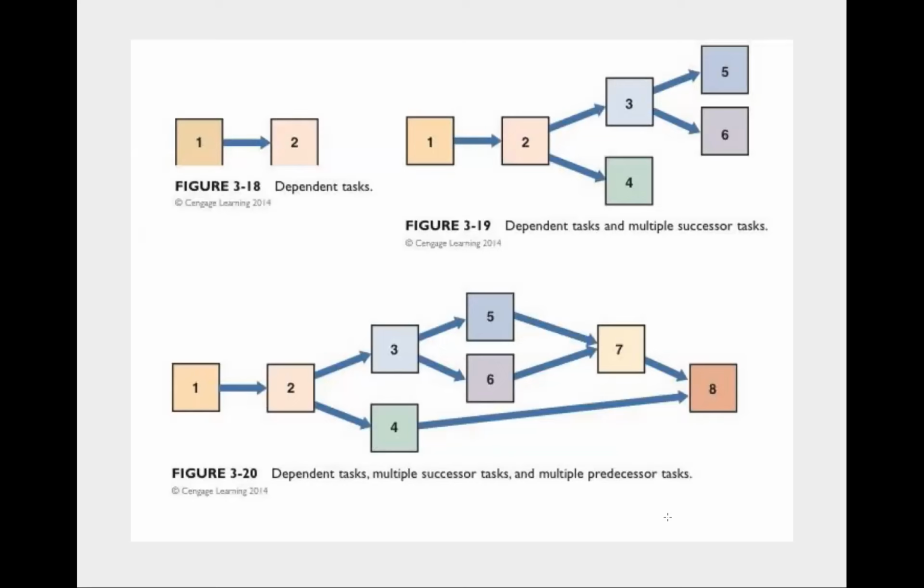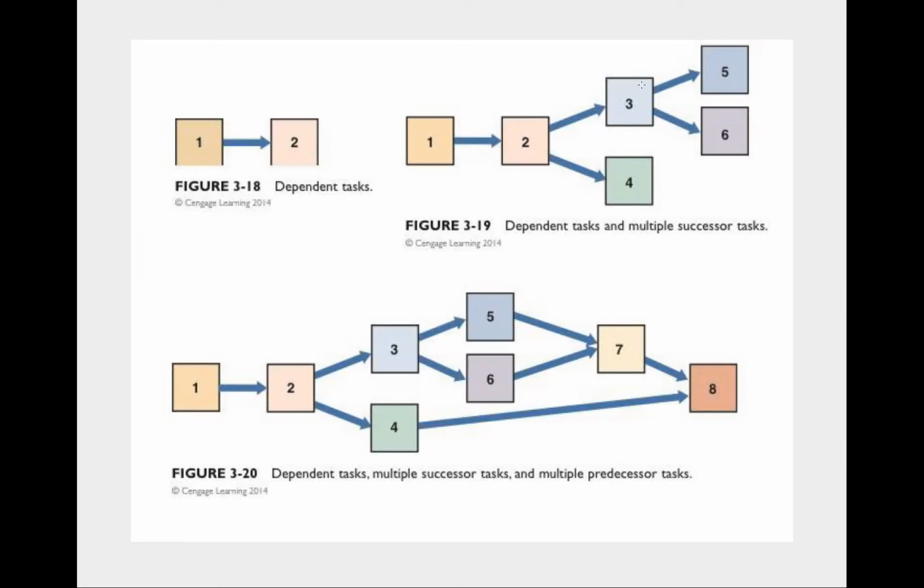Now, when you draw all these possible tasks in a graph like this, you might get different patterns. Here you see some patterns. The first one is a dependent task, so 2 waits for 1 to finish. Then here we have 6 tasks. 2 is waiting for 1 to finish. Then there are 2 successor tasks: after 2, there are 2 tasks that run after task 2.